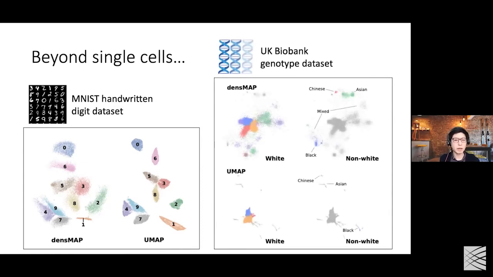And here we saw that our visualizations better convey the rich genetic diversity of non-white populations in the dataset, whereas if you look at the UMAP figure, most of the visual space is given to the white population in the center around here, given that this population takes up the majority of the dataset. So these suggest that our methods could be more broadly useful for other domains beyond single-cell genomics.